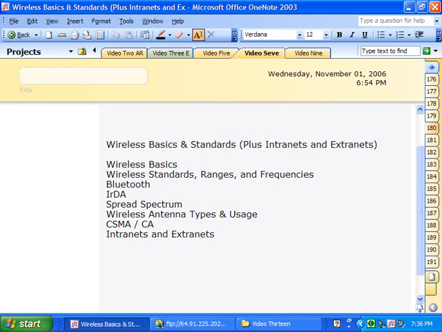Before we get started on those wireless basics, though, I do want to say that along with security, this is one of the fastest growing areas of information technology. And it's hard to believe there was once a dark age back when we rode our dinosaurs up and down hills to school both ways in the snow, that we actually had to have a cable go from our laptops and our PCs to an outlet.